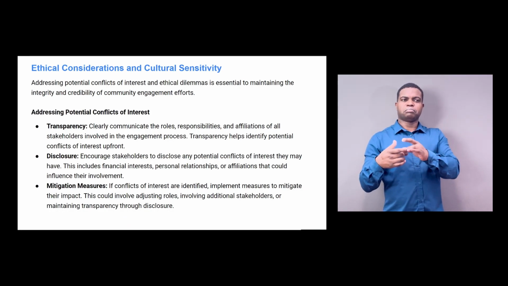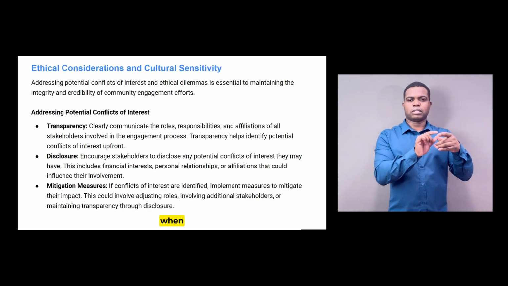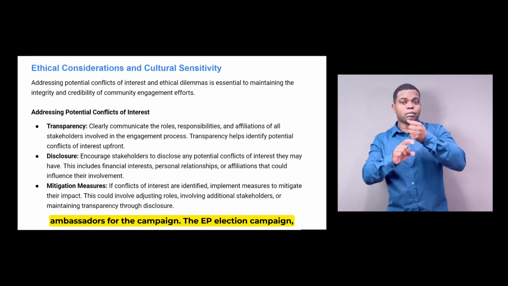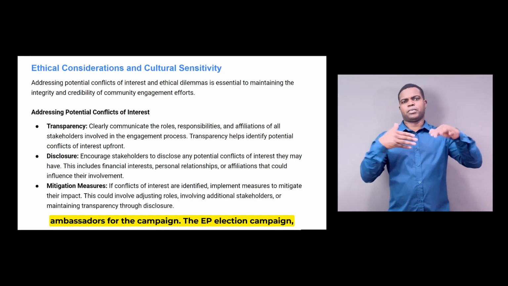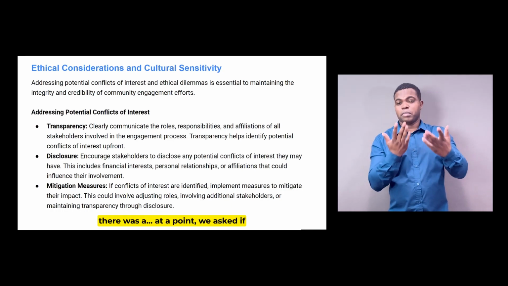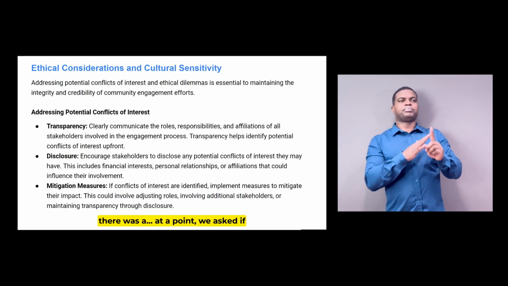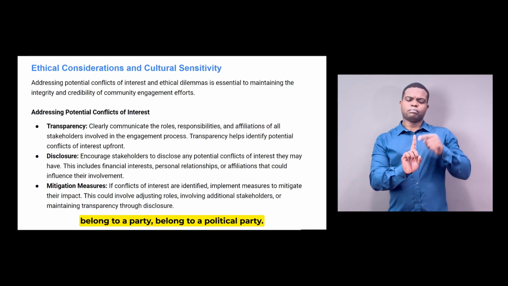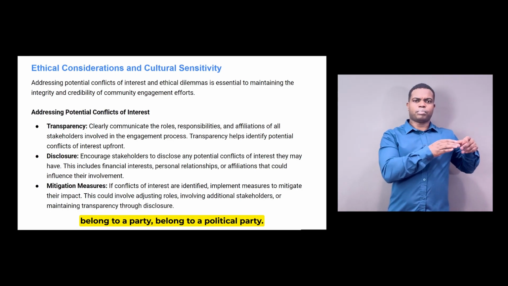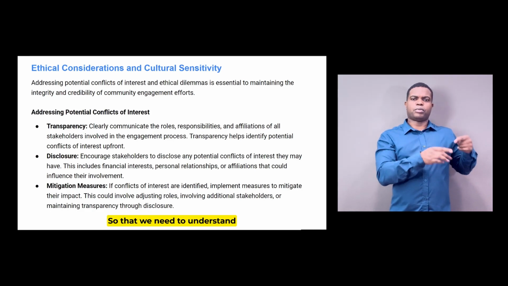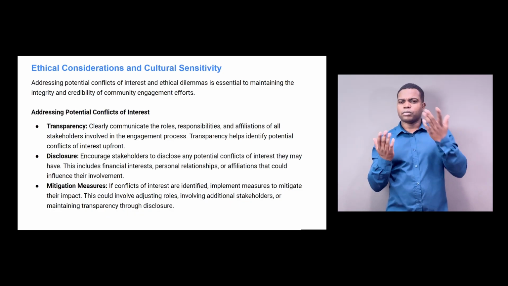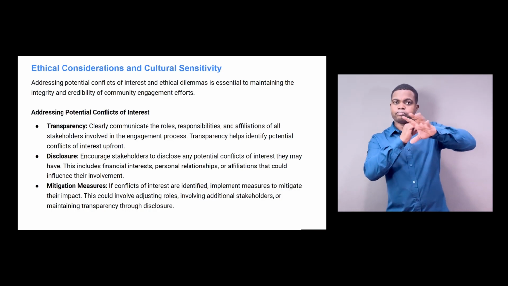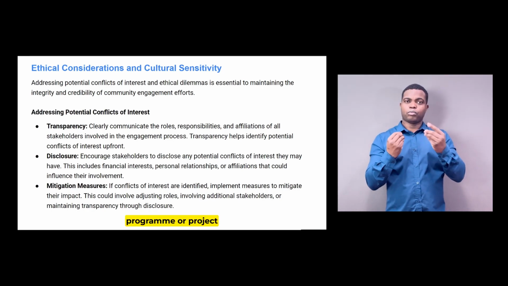I remember that when we were interviewing ambassadors for the EP election campaign, at a point we asked if ambassadors belong to a political party, so that we could understand if there is a particular affiliation that will affect our own program or project.